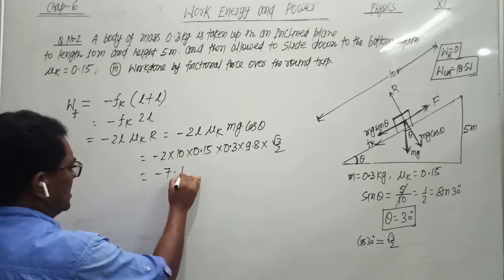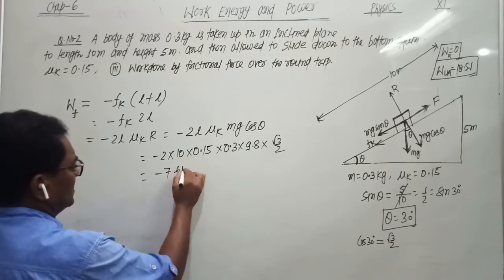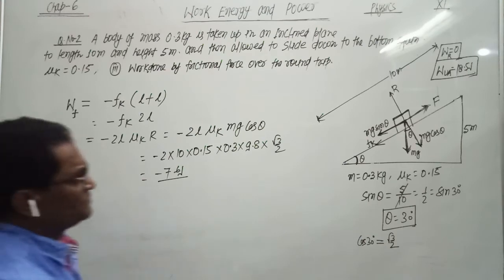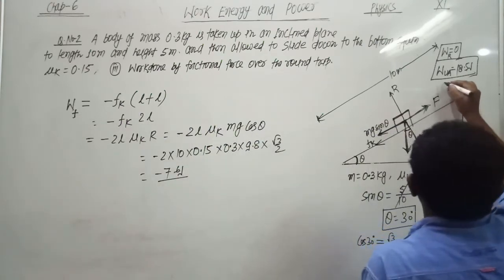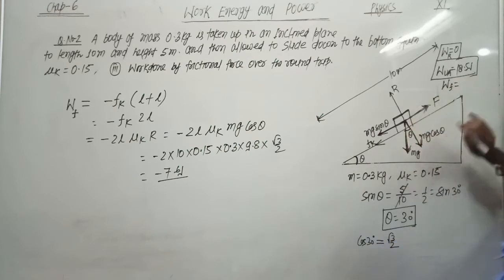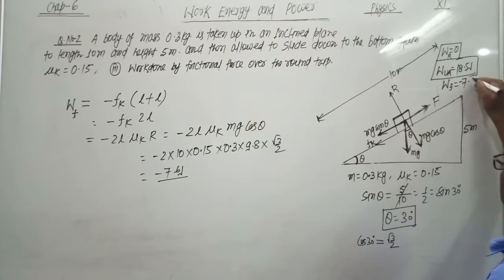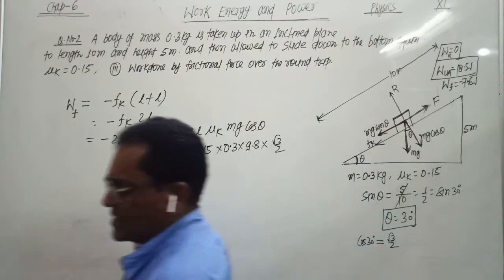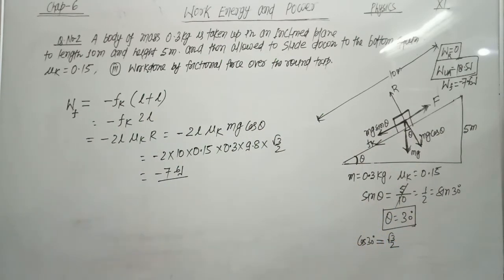So this is the work done by the friction, WF, in a round trip: minus 7.6 joule.